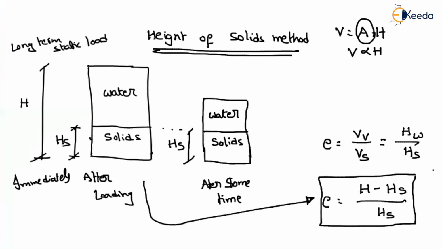At any instant we directly get the capital H, and we already have HS. So using these two values, we can obtain the void ratio at any instant of time. Understand? Now the question is, how can I find the HS value?